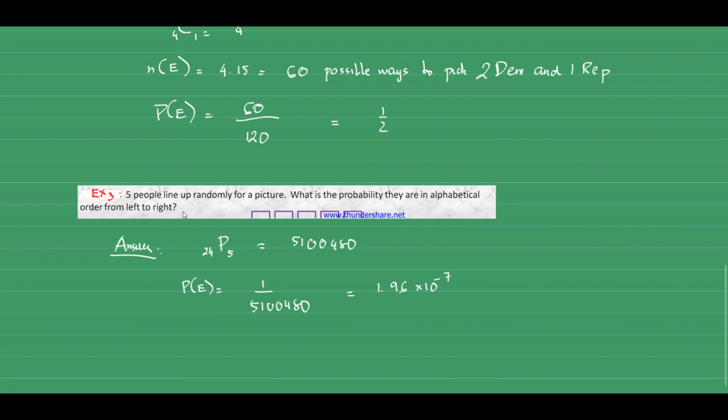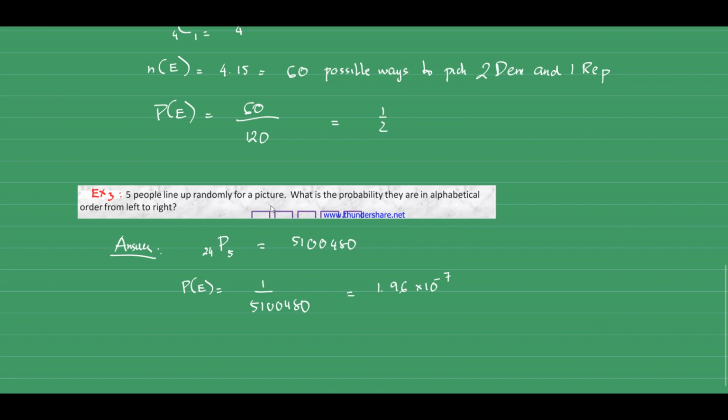The reason is that in the event set on top, there's only one arrangement. We line up 5 people for one picture. Just think about it, you can have A, B, C, D, E, then another arrangement that is different, because letters are not repeated.